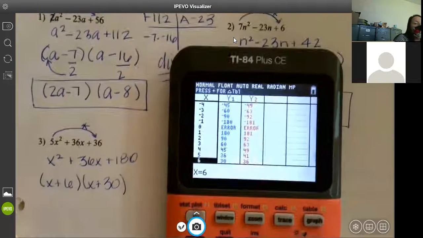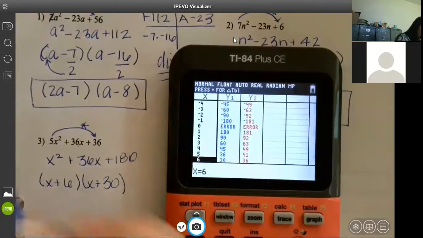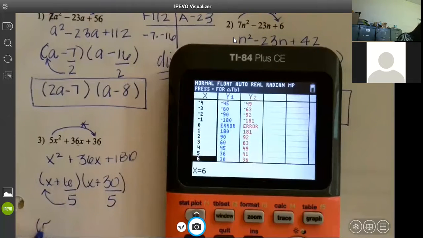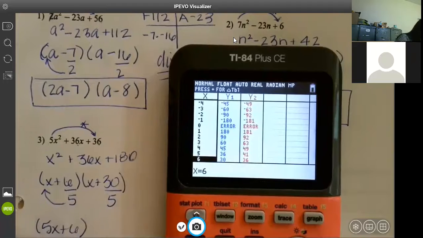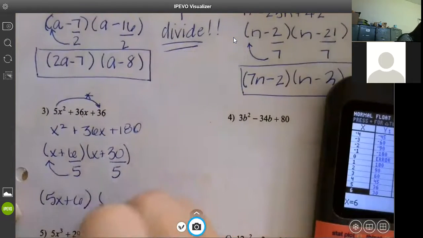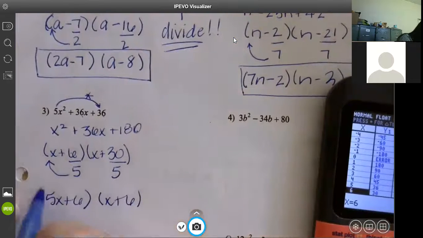And remember your last step, we did slide, so we have to divide. 6 over 5 will not reduce, so we just throw the 5 in front. Your first factor is 5x plus 6. 30 divided by 5 is 6.